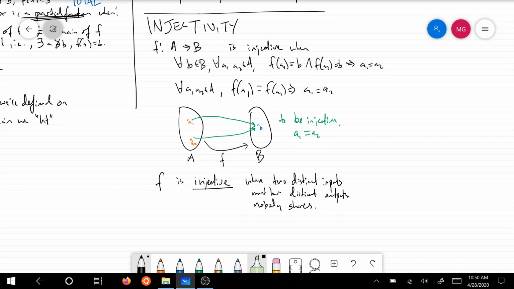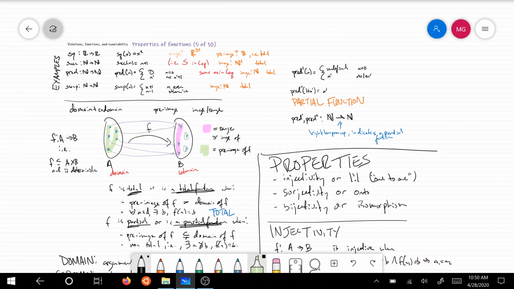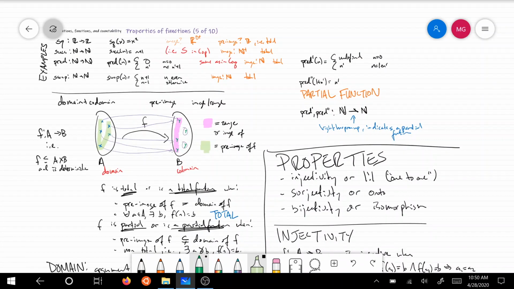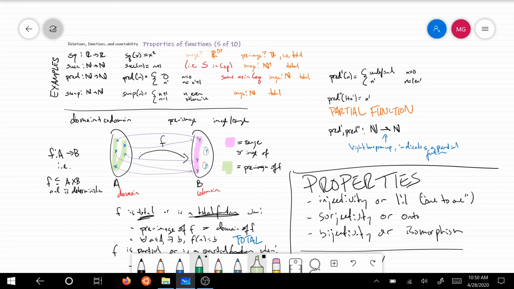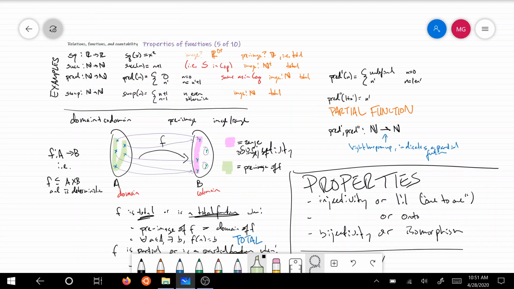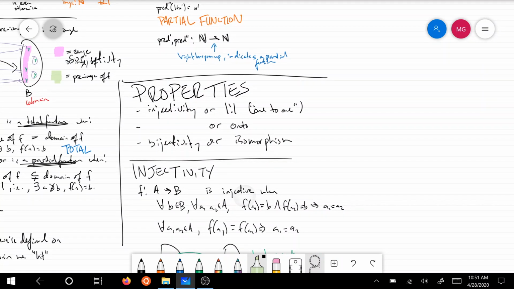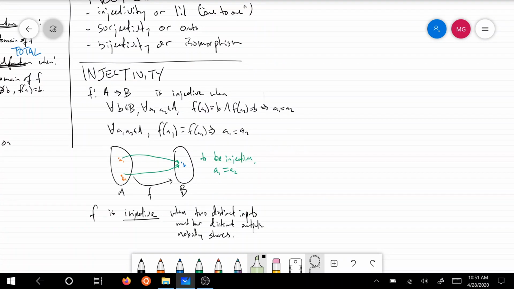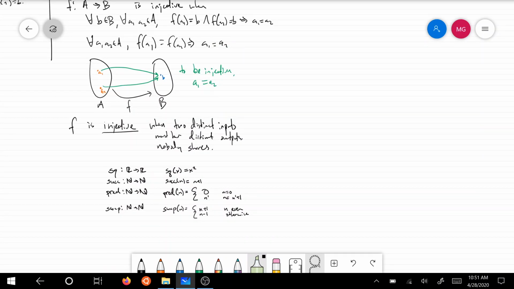Okay, so with this in hand, let's go back up and see what each of these functions satisfy or don't satisfy. Okay, injectivity. Let's copy this a little bit. Okay, so which of these are going to satisfy this property?